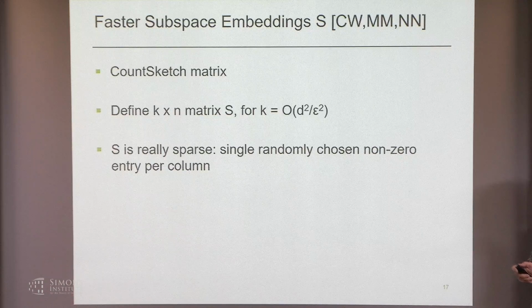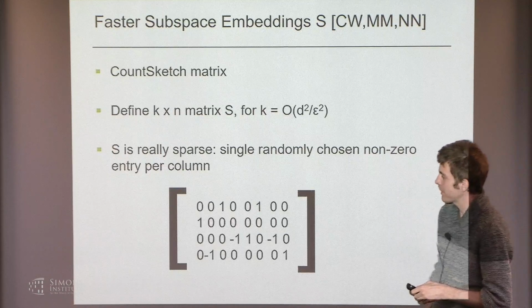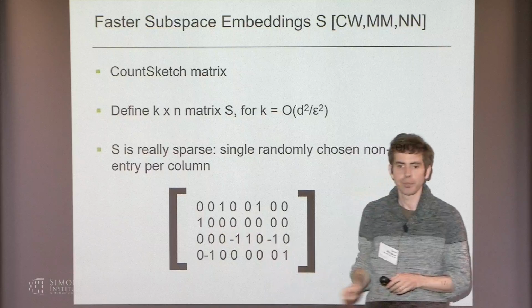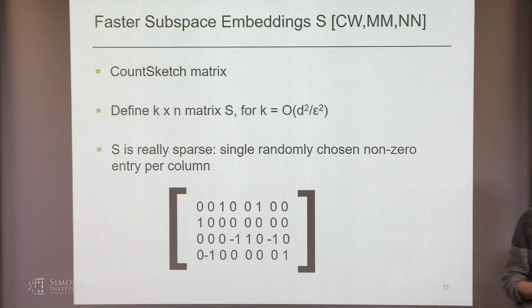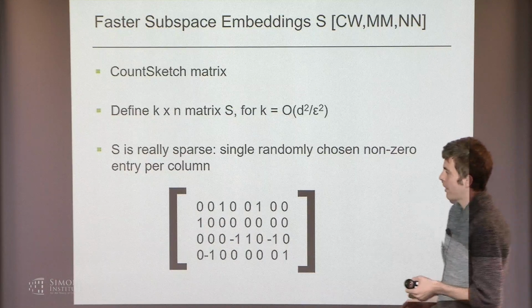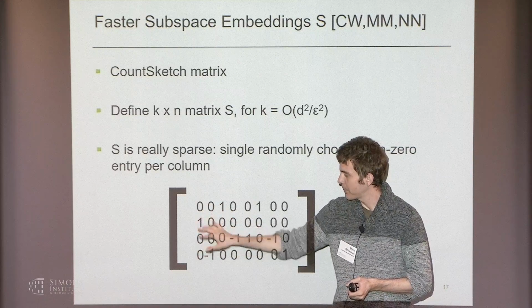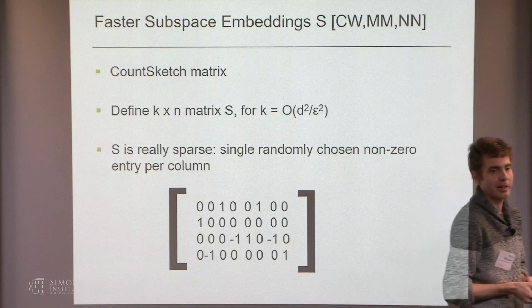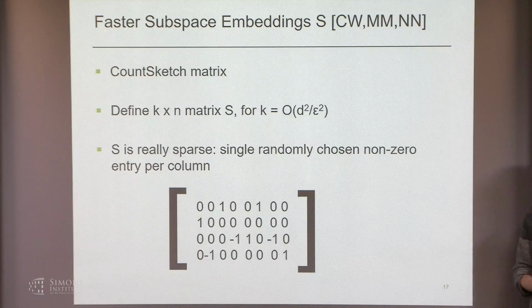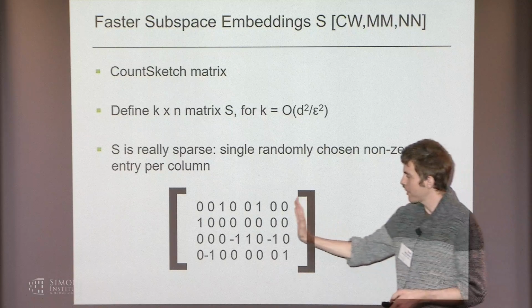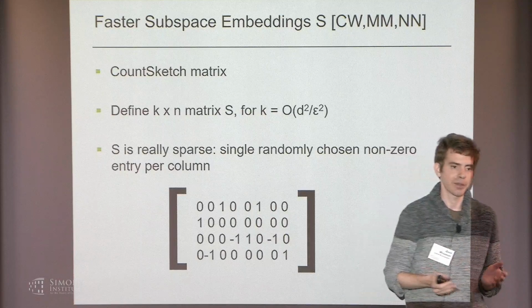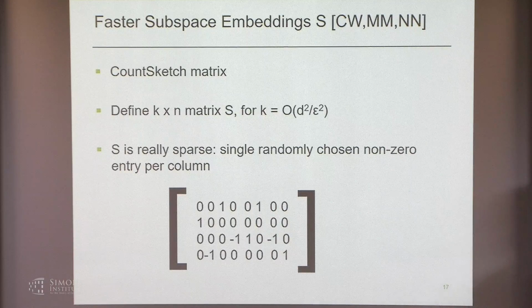What they look like is they just have a single non-zero entry per column. So how do I generate a matrix S? For each column, I choose uniformly a position. On that position, I put a 1 with probability 1/2 and a -1 with probability 1/2. I can do that independently for each of the columns, but you can actually show that bounded independence suffices for this as well. They don't have to be fully independent.